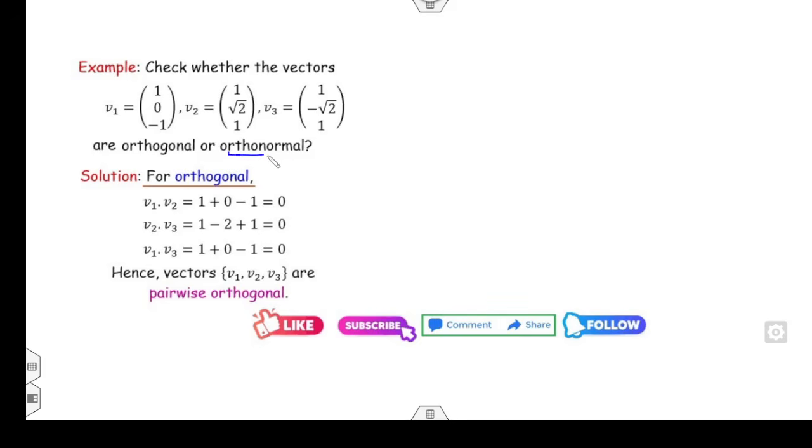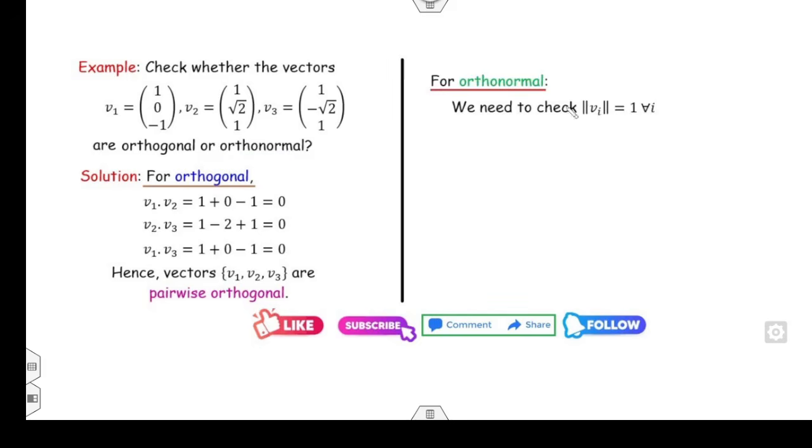Now how can you check for orthonormality? We can calculate the norms: norm of v1, norm of v2, norm of v3. If all are 1, then you can say yes, this is orthonormal. If at least one of them is not 1, then they are not orthonormal. So let's start with v1. It will be 1 plus 0 plus 1, which is root 2, which is not 1.